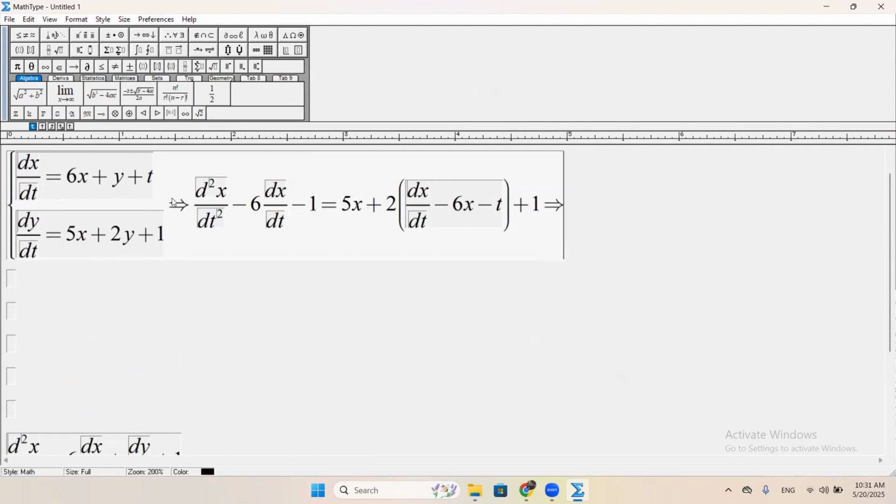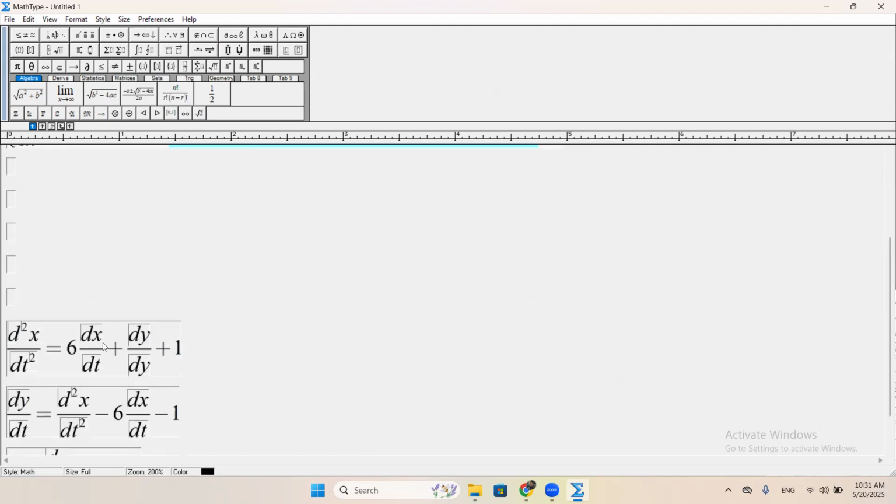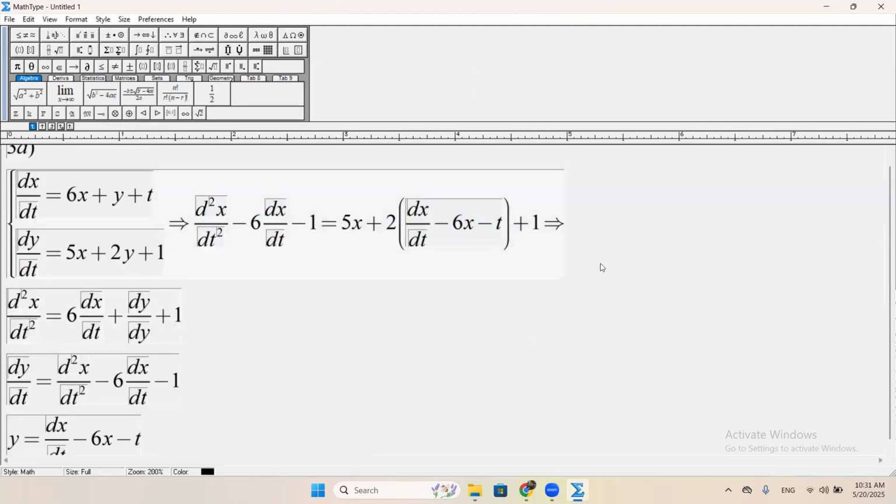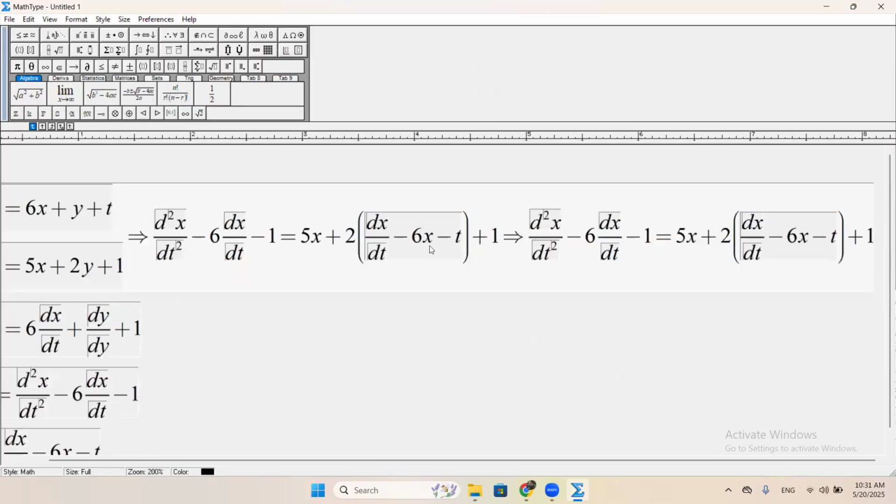Now let us expand brackets and simplify the equation, and we will see what we have: 2 dx by dt minus 12x minus 2t plus 1.